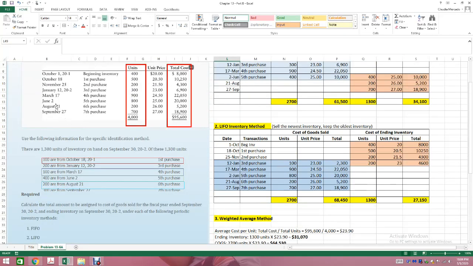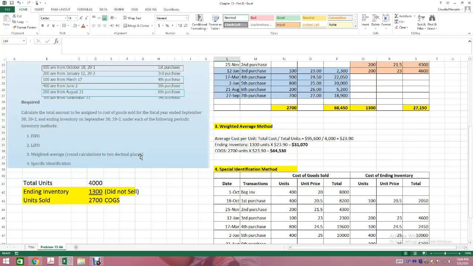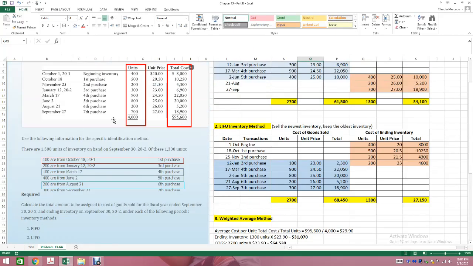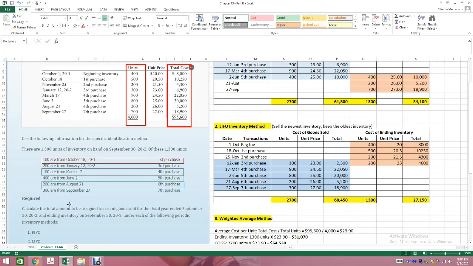Last one we have is September the 27th. That's the seventh purchase. For the seventh purchase, we have 300 units that we did not sell.